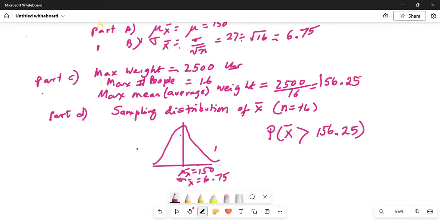Now 150 is at the center, so 156.25 will be somewhere over here on the right of the mean. This point is 156.25 on the horizontal axis, and we want the probability X bar is greater than 156.25. I'm going to use the TI-84 calculator.